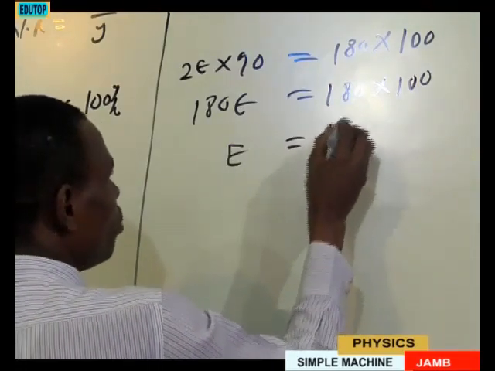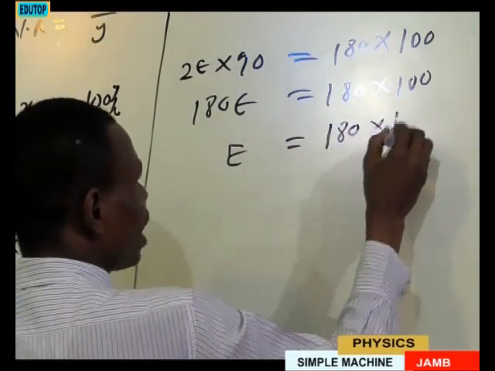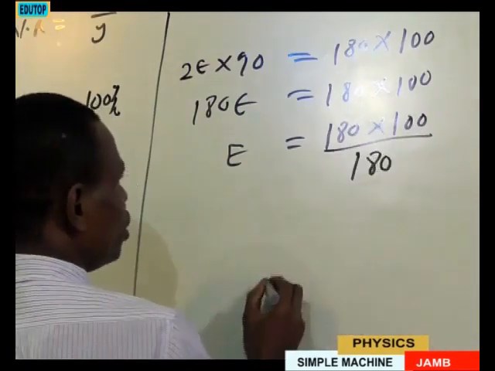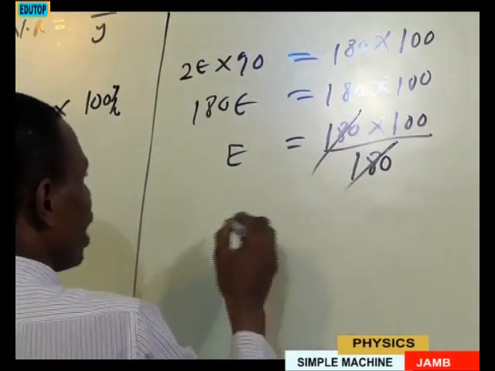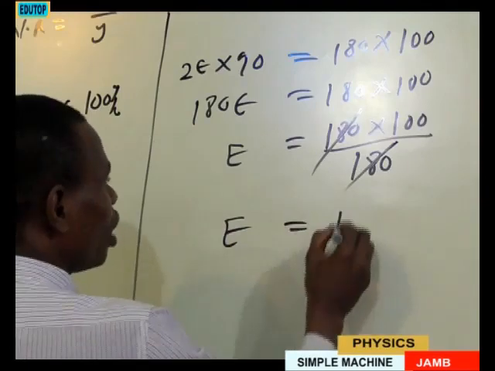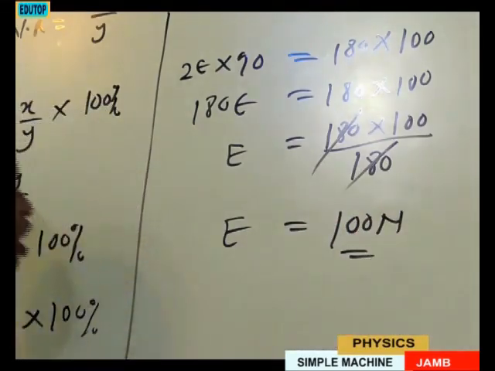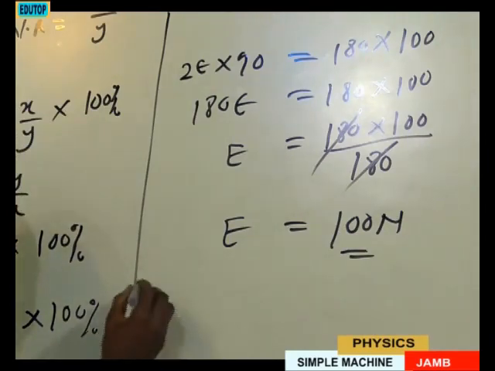Our effort will now be 180 times 100, all divided by 180. 180 cancels 180, so our effort is equal to 100 Newton. That is the simple solution to question number 4.